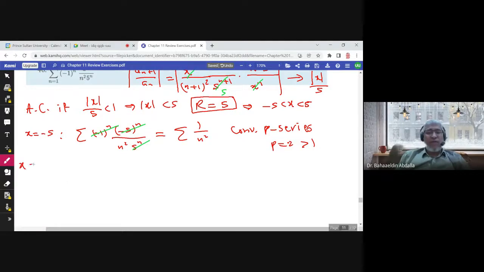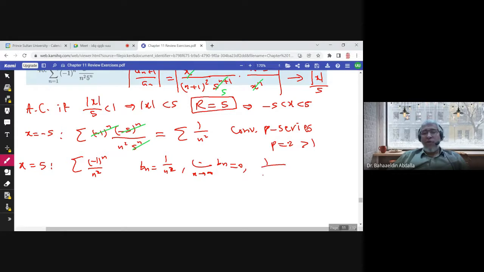While if x is 5, the 5 to the power n will be cancelled with 5 to the power n, and I'll have this series. And for this series, b_n is 1 over n squared, and the limit of b_n when n goes to infinity is 0, and 1 over (n plus 1) squared is less than 1 over n squared because (n plus 1) squared is greater than n squared.